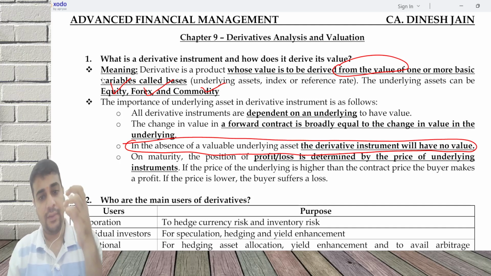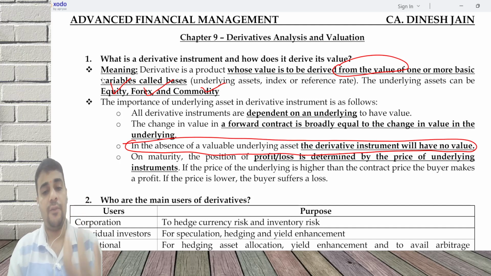So whatever derivative instruments are, they are dependent on an underlying to have value, and most of the time the changes in the value of a derivative instrument would broadly be equal to the changes in the value of an underlying asset. So as the underlying asset increases or decreases, we'll see a change in the value of the derivative instrument.